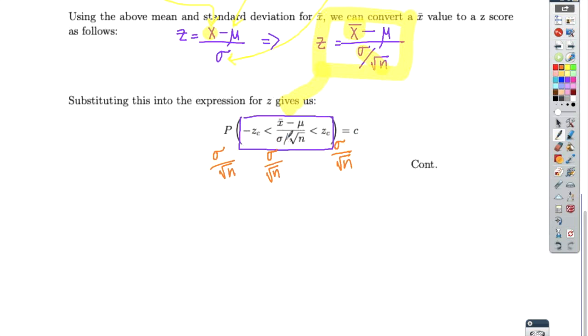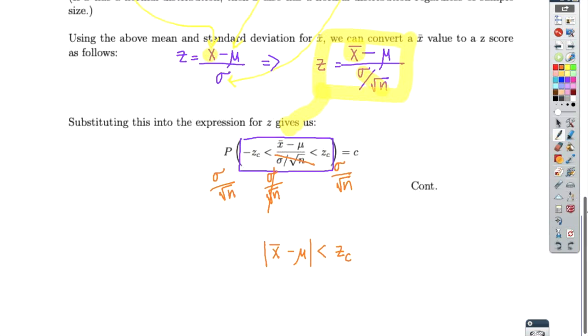And what that gives me, well, this sigma over square root of n cancels this sigma over square root of n. And so really what that gives me at this point is a little bit of technical detail here. X bar minus mu, and I'm putting in absolute values because I'm kind of changing the format just a little bit, but don't worry about it. Is less than, and so the right side becomes z sub c, whatever that critical value is.